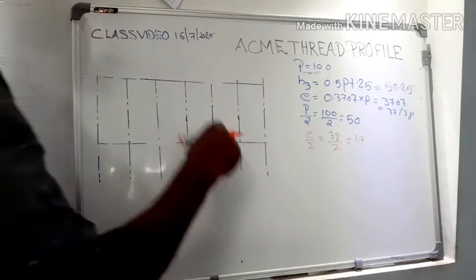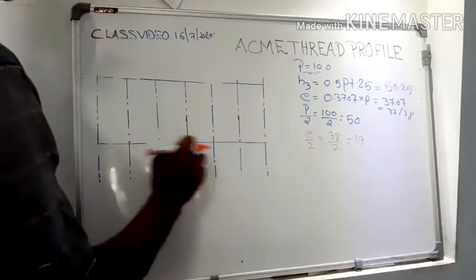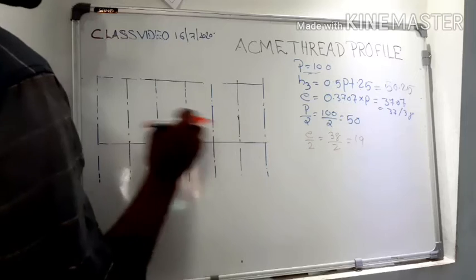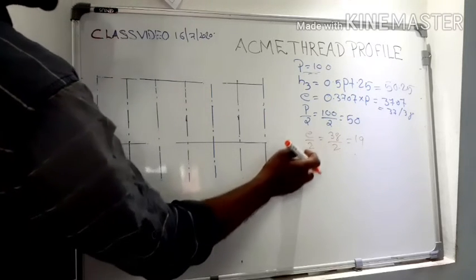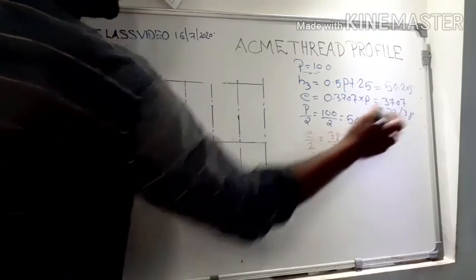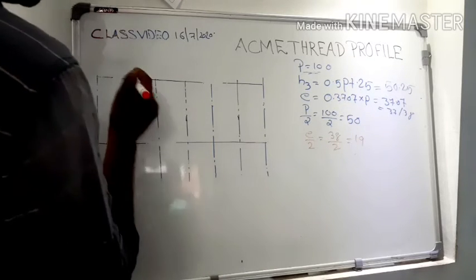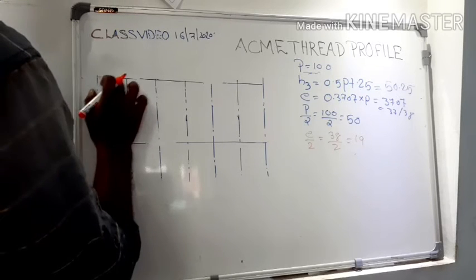Next step is to draw the crest width and flat width, marked using the value E by 2. We know the E value is 38, then E by 2 is 38 by 2, that is 19 mm.